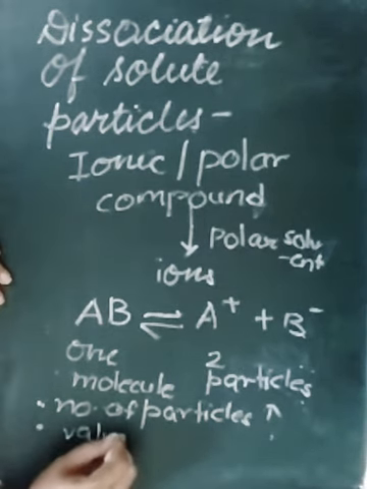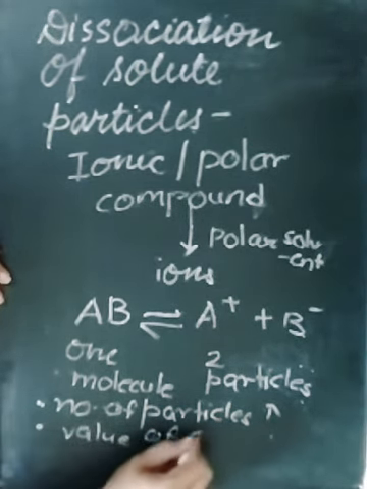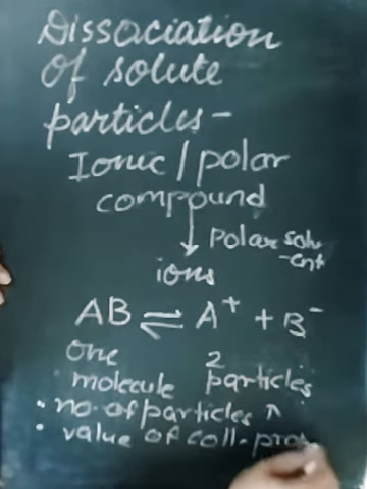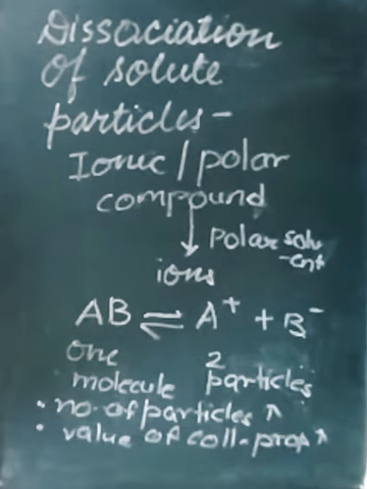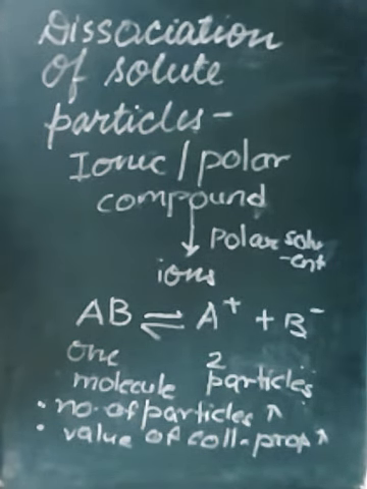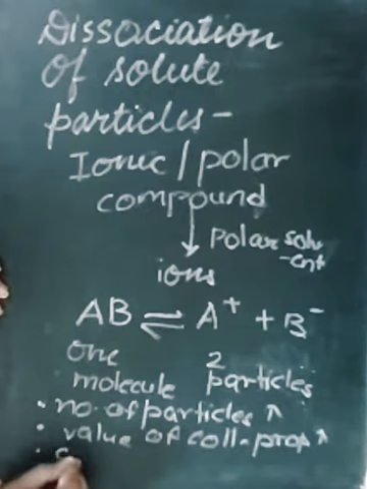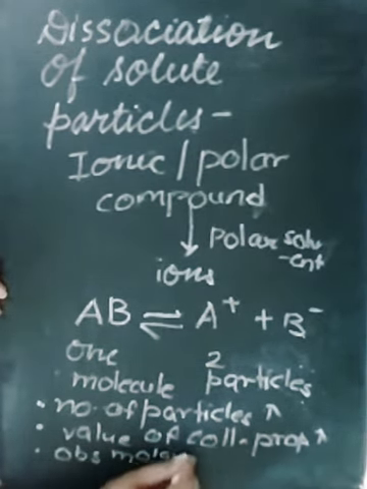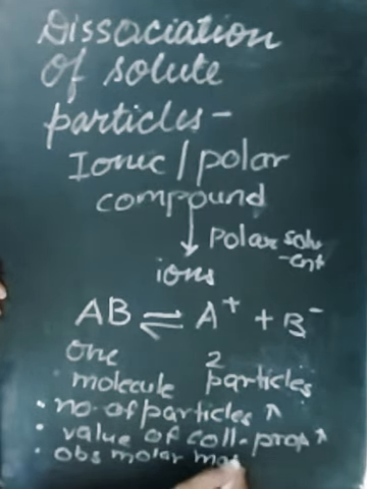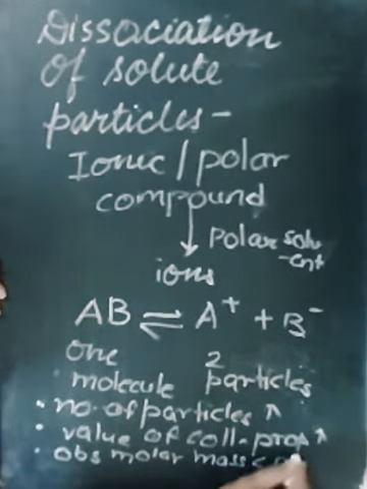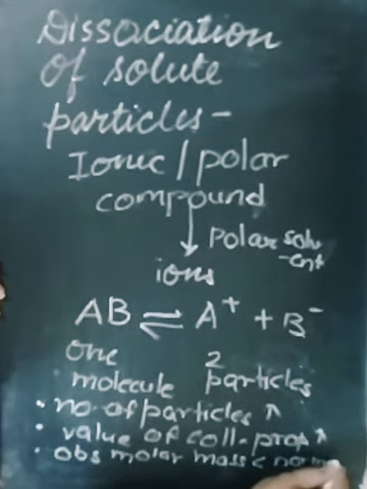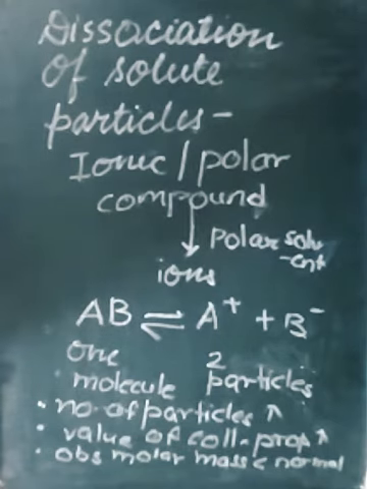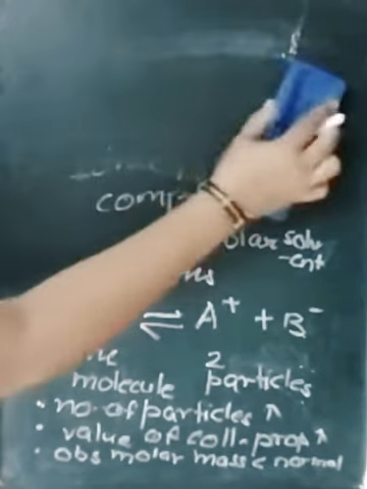And if the value of colligative property increases, then we will find the observed molar mass will be lesser than the normal molar mass. Observed molar mass will be lesser than normal molar mass.